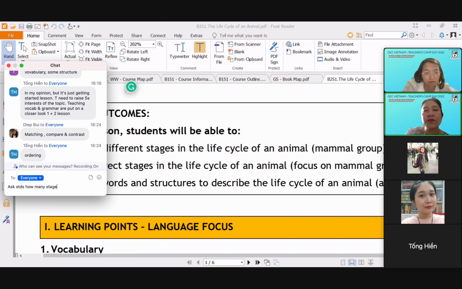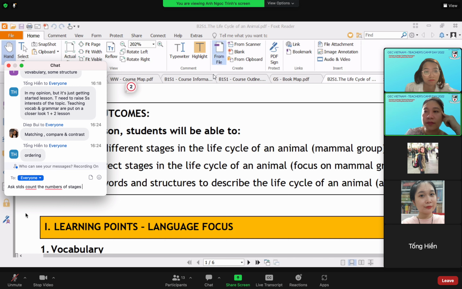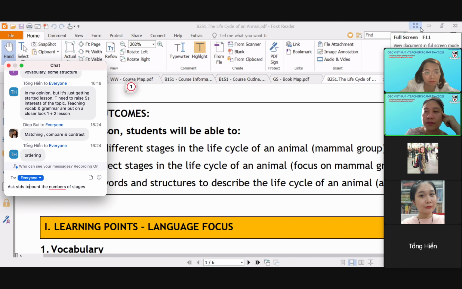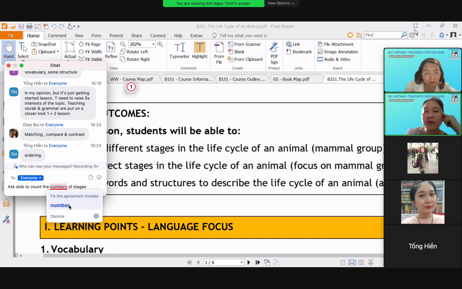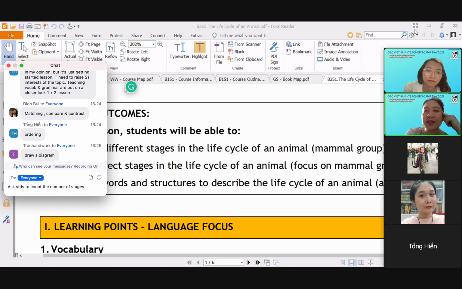Okay, for outcome 3, use target language to describe. Can you think of any activity to achieve that outcome? From reading, do you think they can use target language structures to describe it?